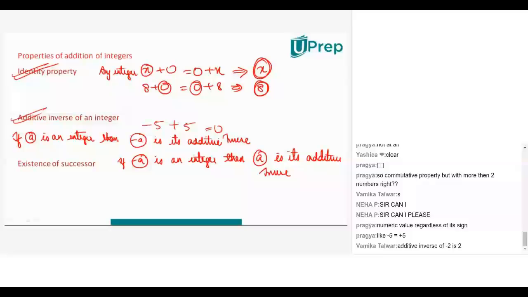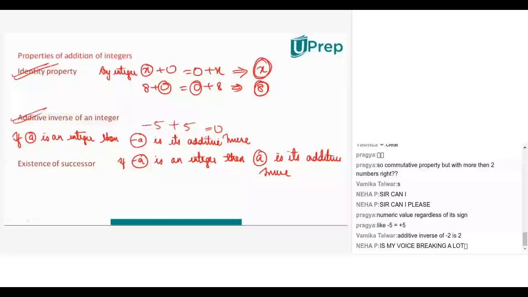Now, if I have to write it down in the form of a property, I will say that if A is an integer, then A plus 1 is the successor. As simple as that. If I have 18 as an integer, the successor would be 18 plus 1, 19.